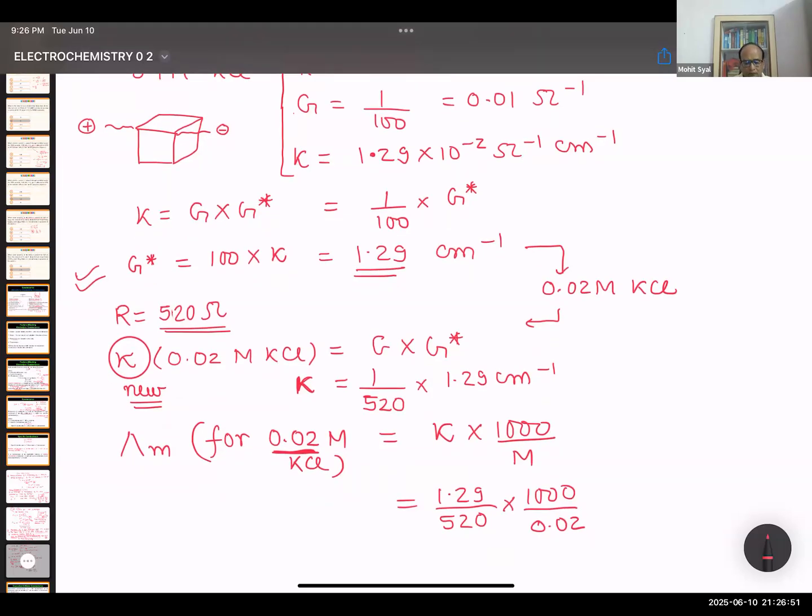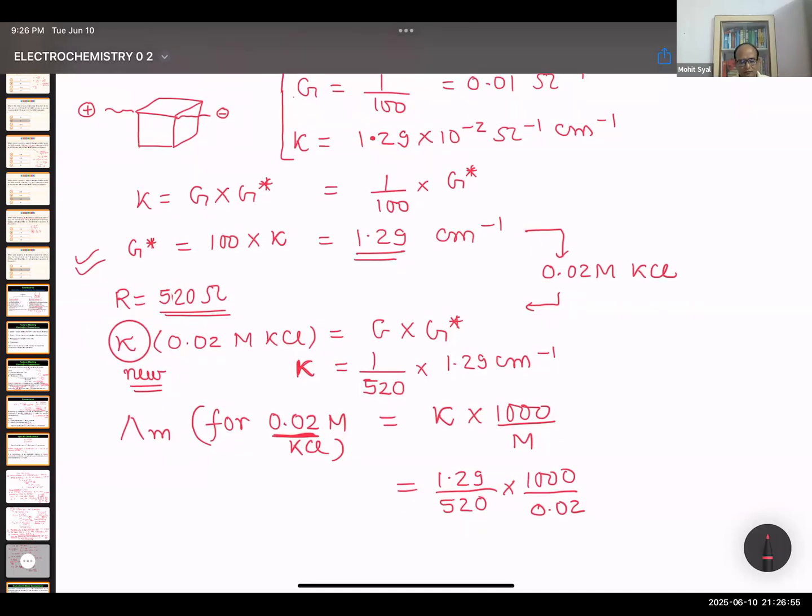So the answer of this is approximately 1.29 by 520, into 1000 by 0.02. This answer which we are getting is around 124.